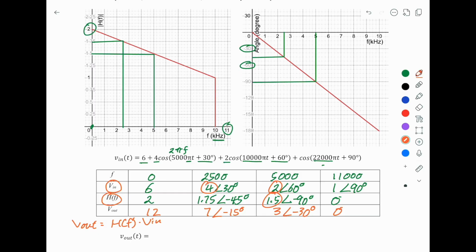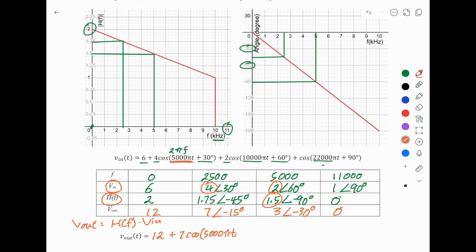So now we can write down the expression in time domain. The first term becomes 12 plus 7. The second term, the time here is 5000 pi t. So cosine 5000 pi t.